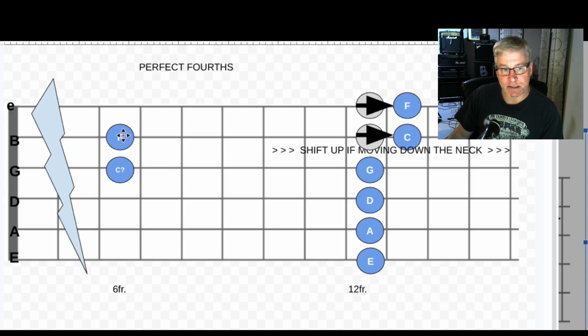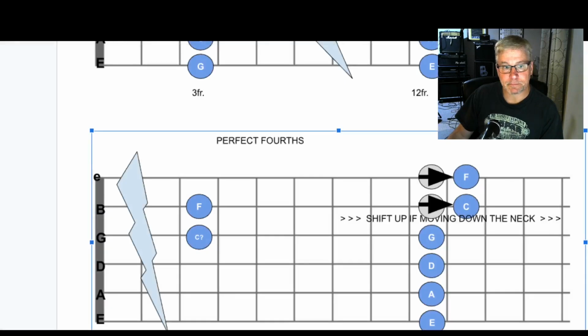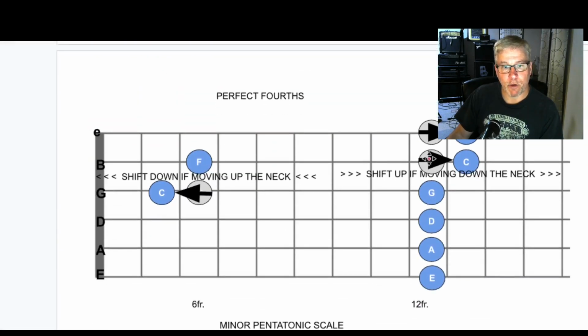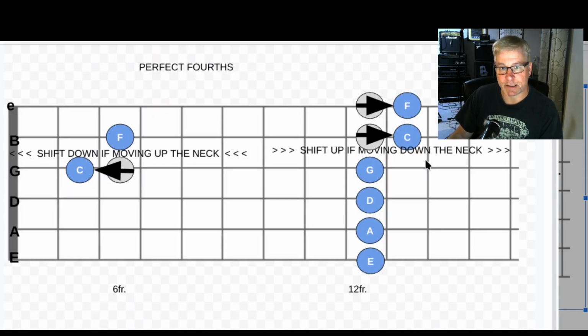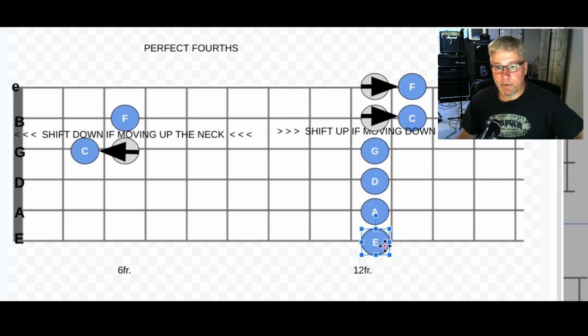So if this is your F, where is your C? So if we shift up by moving down the neck, we have got to shift this guy down 1 fret. Therefore, we wind up with something like this. So what we need to learn is that given a root note on a string, its perfect fourth is just above it.